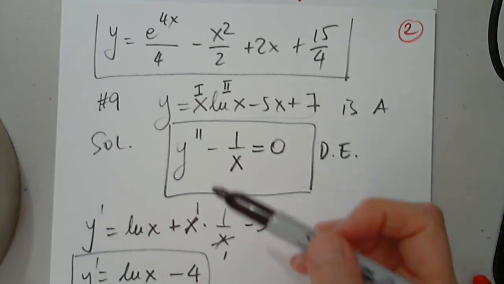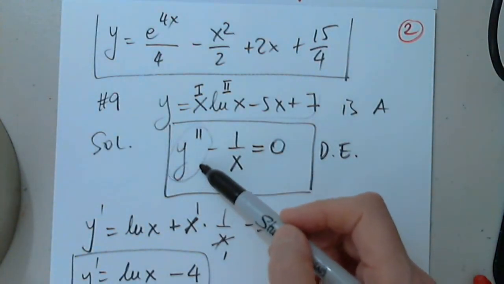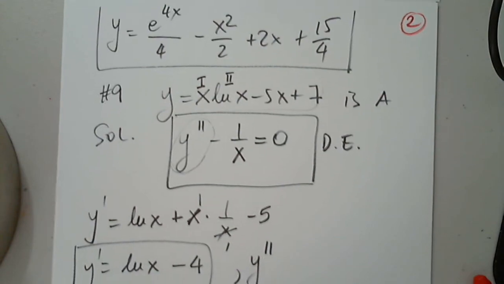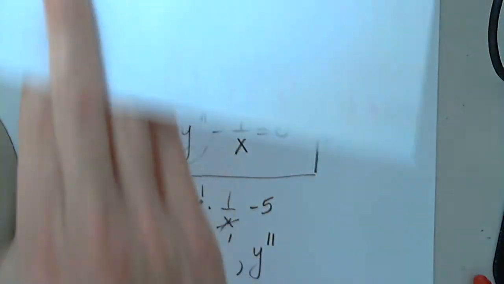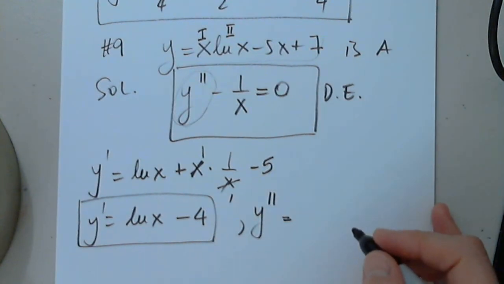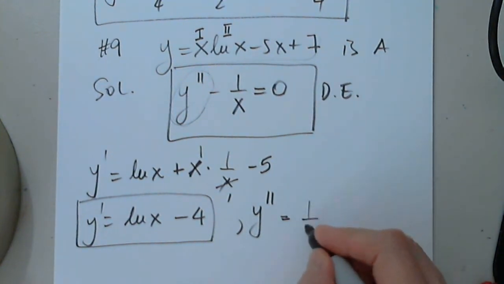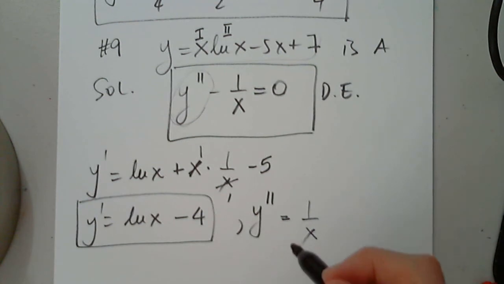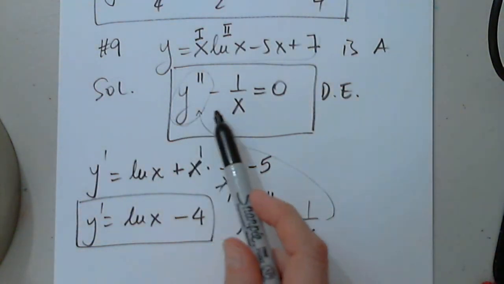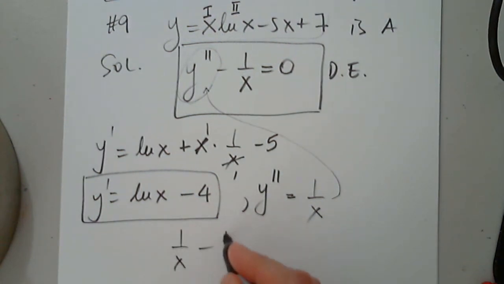Good, but not good enough. I need to get to the second derivative. So can anyone give us the second derivative of the function? In other words, the first derivative of this. One over x. Excellent. Look what happens now. How much is 1 over x minus 1 over x?